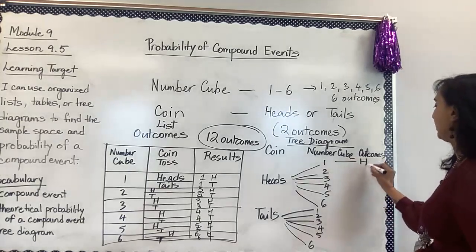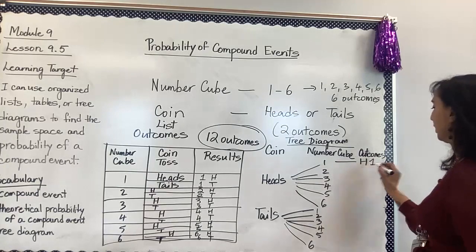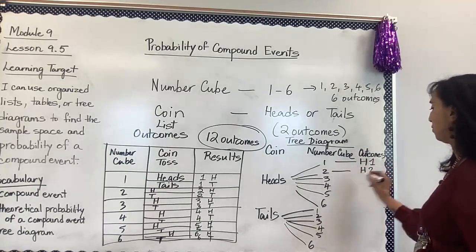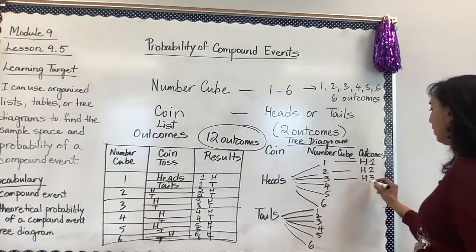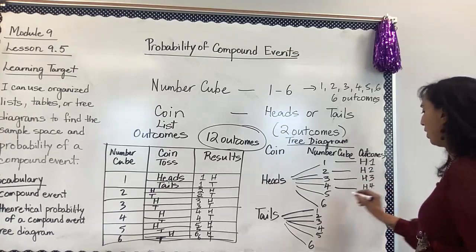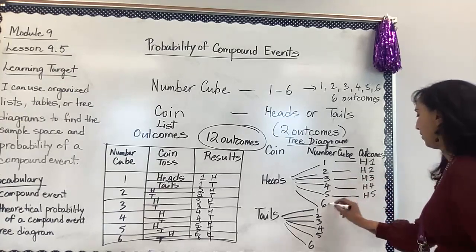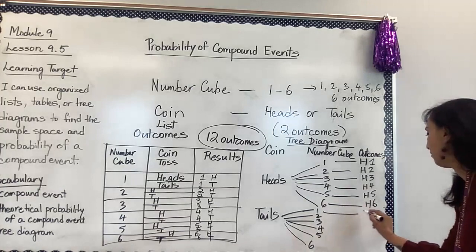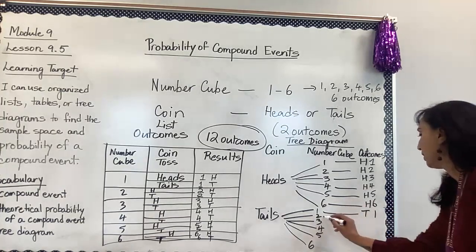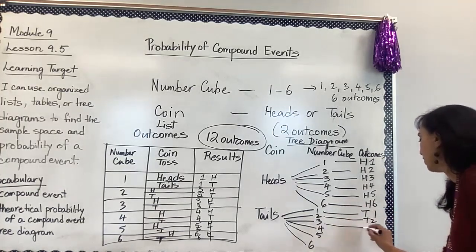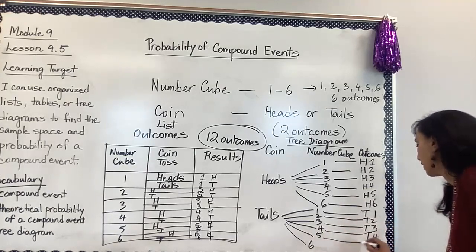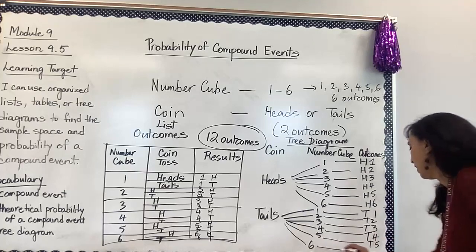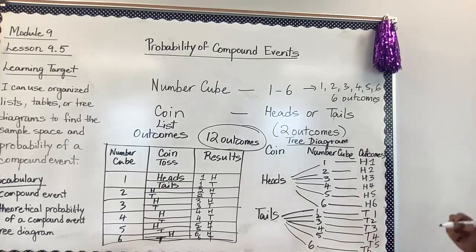I can have heads 1, heads 2, heads 3, heads 4, heads 5, heads 6. And then here I can have tails 1, tails 2, tails 3, tails 4, tails 5, and tails 6.